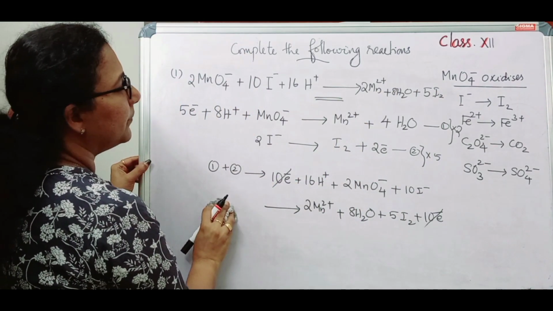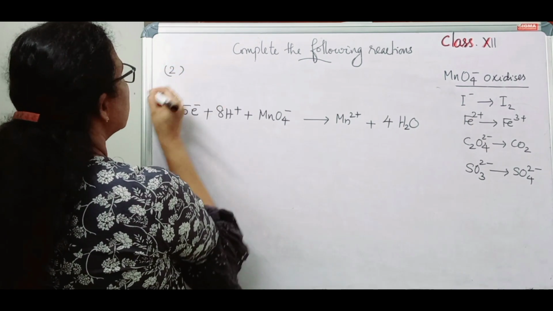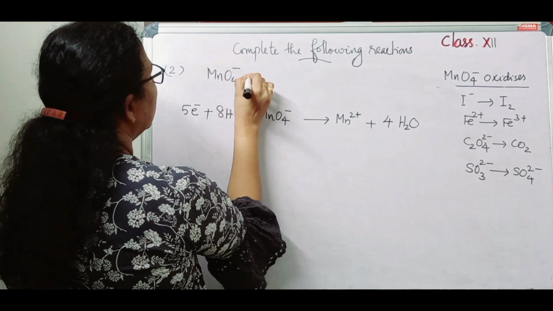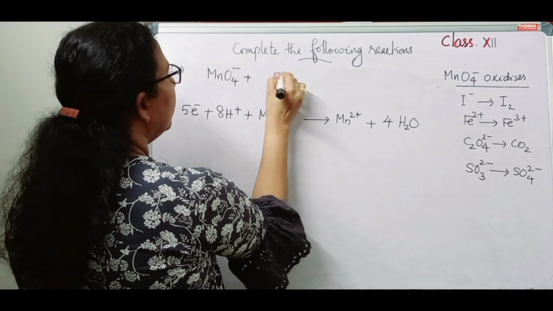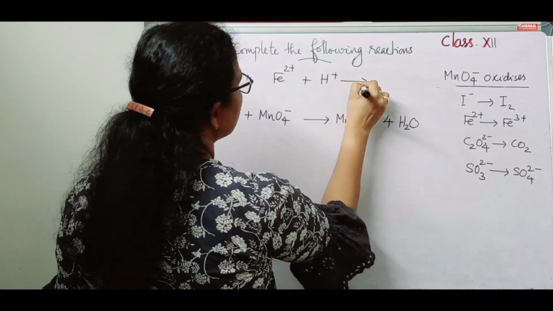Now let's see another question. The second question is MnO4 minus plus Fe2 plus H plus gives.